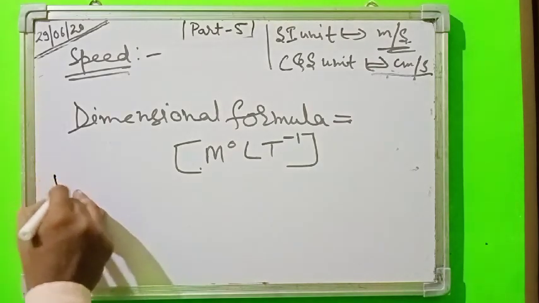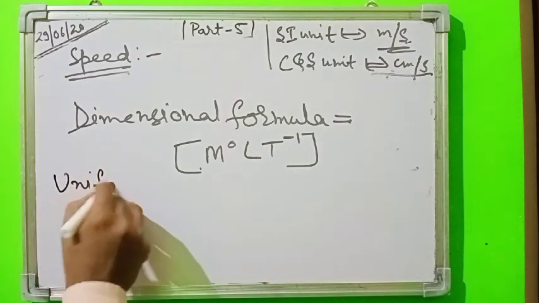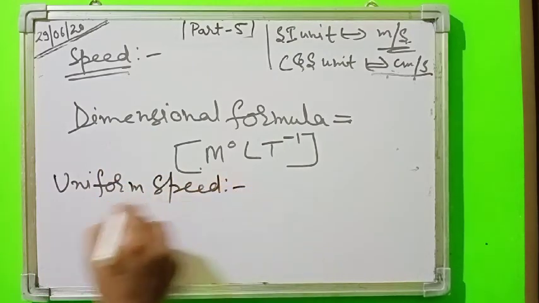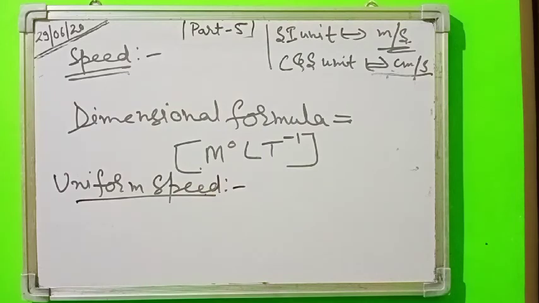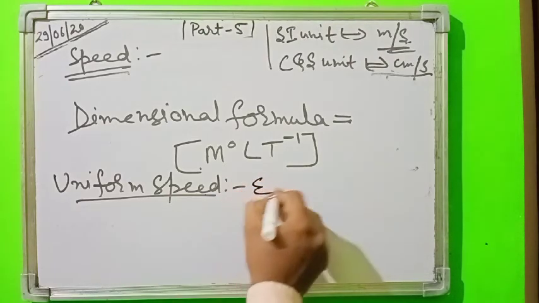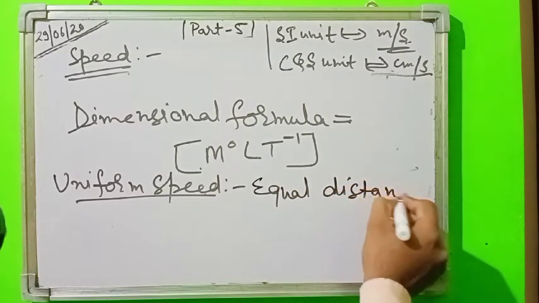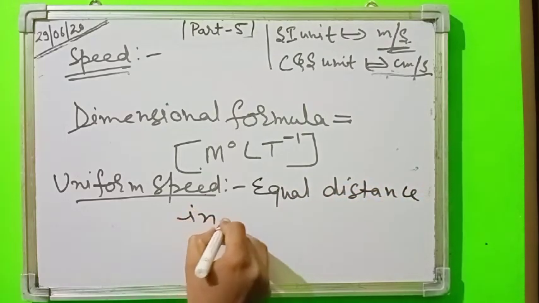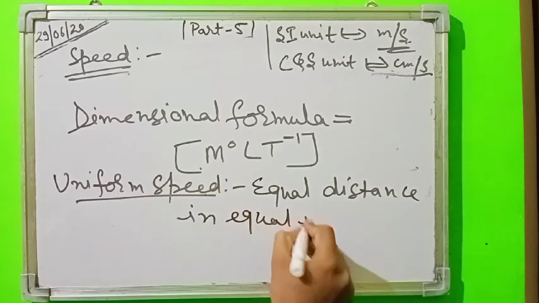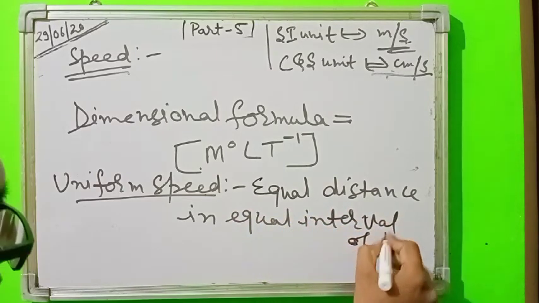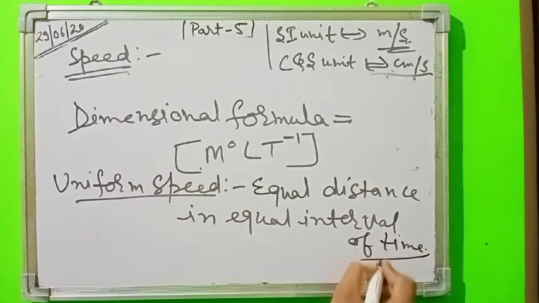There are two types of speed. Uniform speed means an object travels equal distances in equal intervals of time.